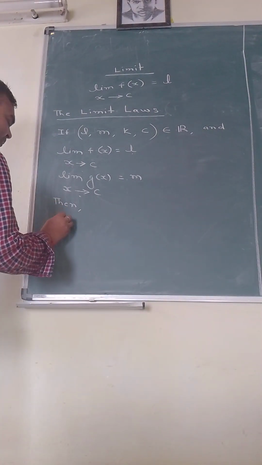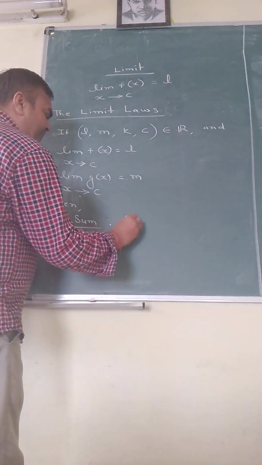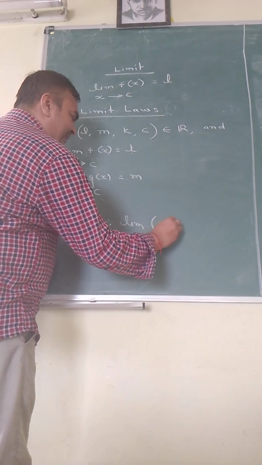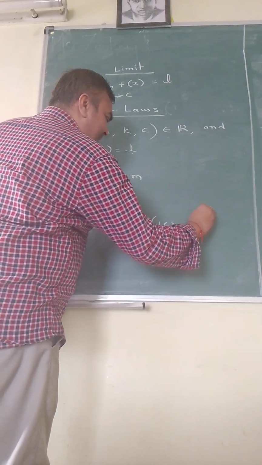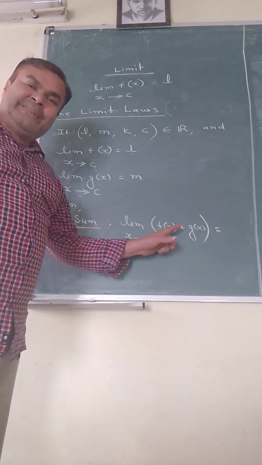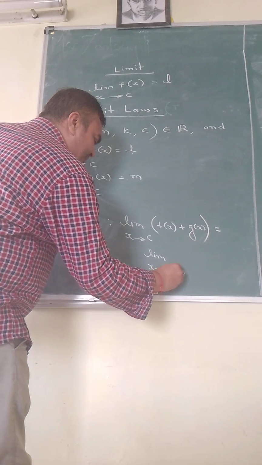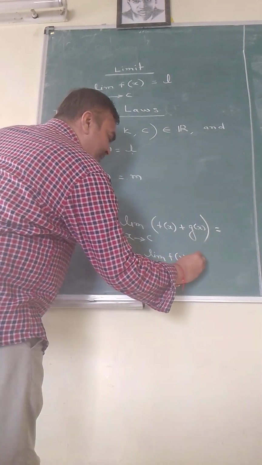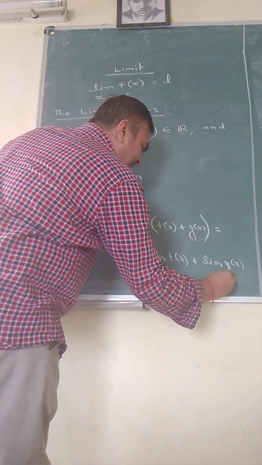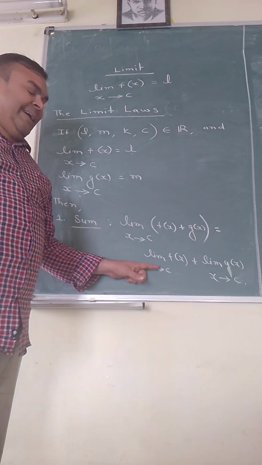Number one, the sum rule. Very simply, we can define the limit as x approaches C of f(x) plus g(x) equal to, generalizing over these terms, the limit as x approaches C of f(x) plus the limit of g(x) as x approaches C. This is directly generalized like that.